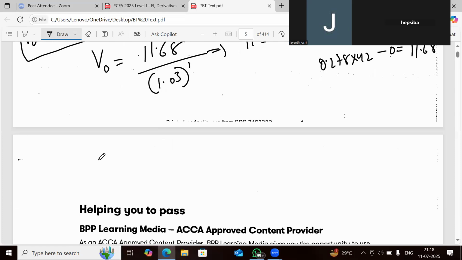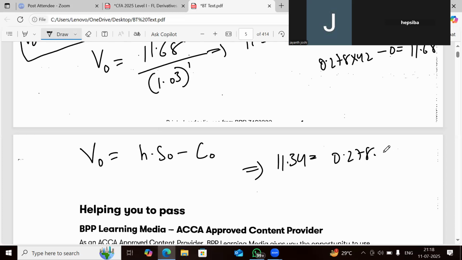So value of the portfolio today is equal to H into stock price today minus call option today. 11.34 is equal to 0.278 into stock price today, which is 50, already taken in the question, minus call option. This one we multiply, how much is it getting? 13.9.